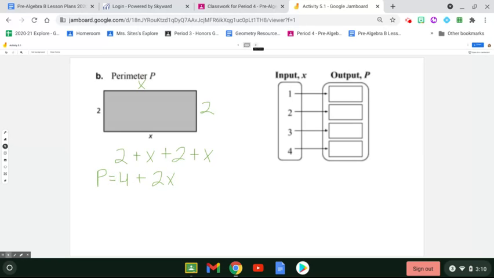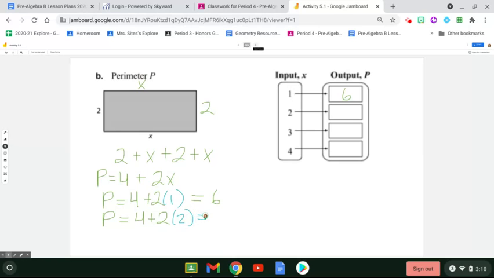If I have an input of 1, I want to see what my perimeter is or my output when the input is 1. So if I follow the order of operations, 2 times 1 is 2, and 2 plus 4 is 6. So my output is 6. All right, 4 plus 2x, but then I want an input of 2.